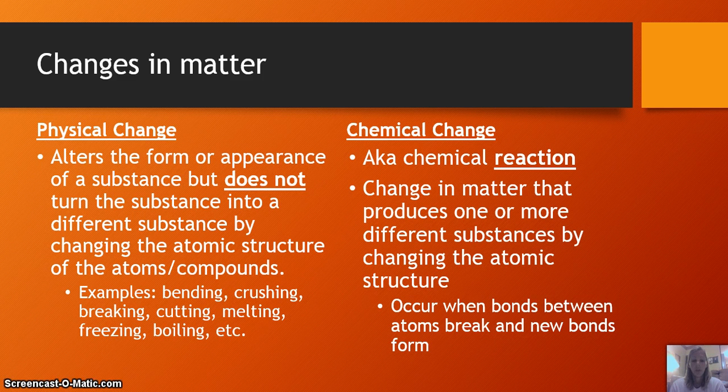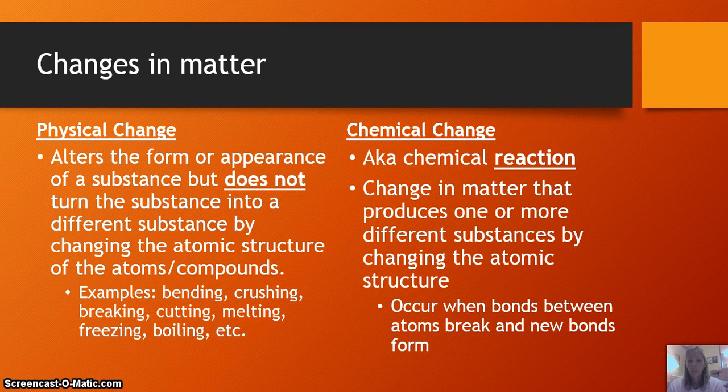When you hear verbs used to describe what's being done to a substance, such as bending, crushing, breaking, cutting, melting, freezing, boiling, etc., none of those would indicate that a new substance is going to be made in the process of doing those things. So therefore, a physical change would be occurring. We're only changing the form or the appearance of the substance.